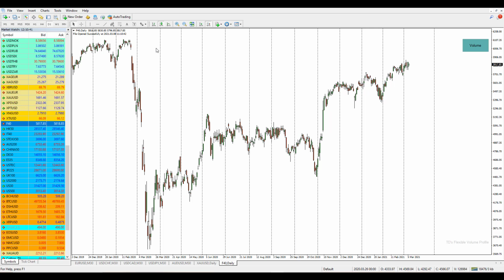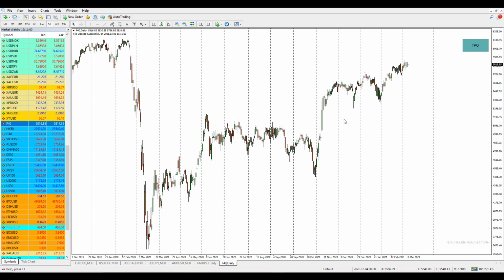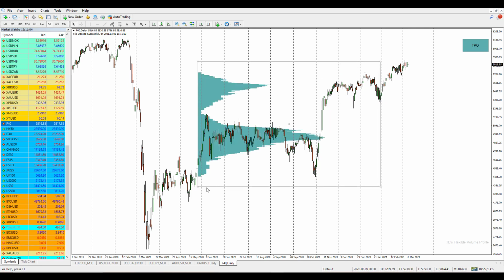This is a daily chart of the French stock index, and I'll just switch the volume profile to TPO calculation and show you the first trading idea.